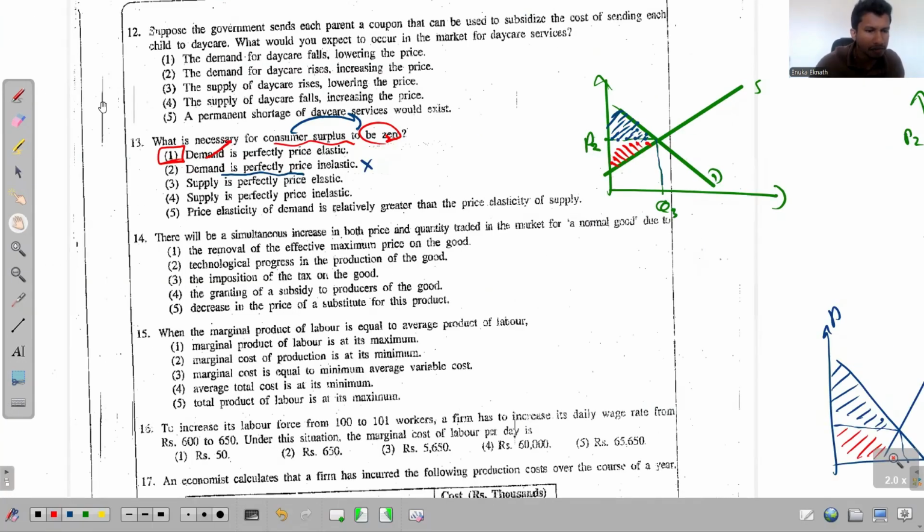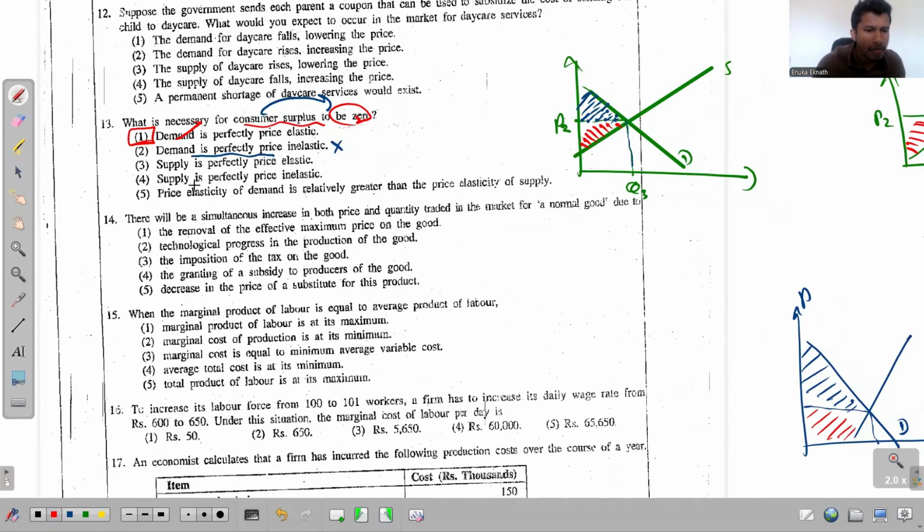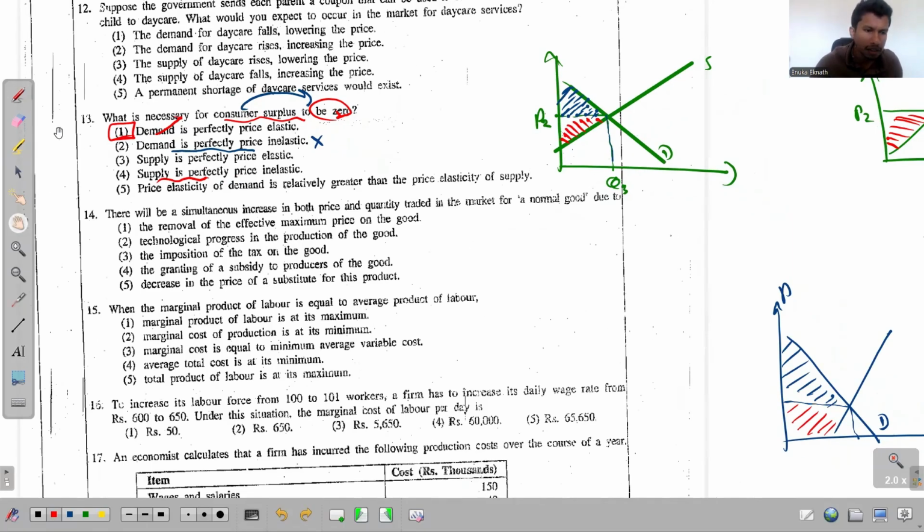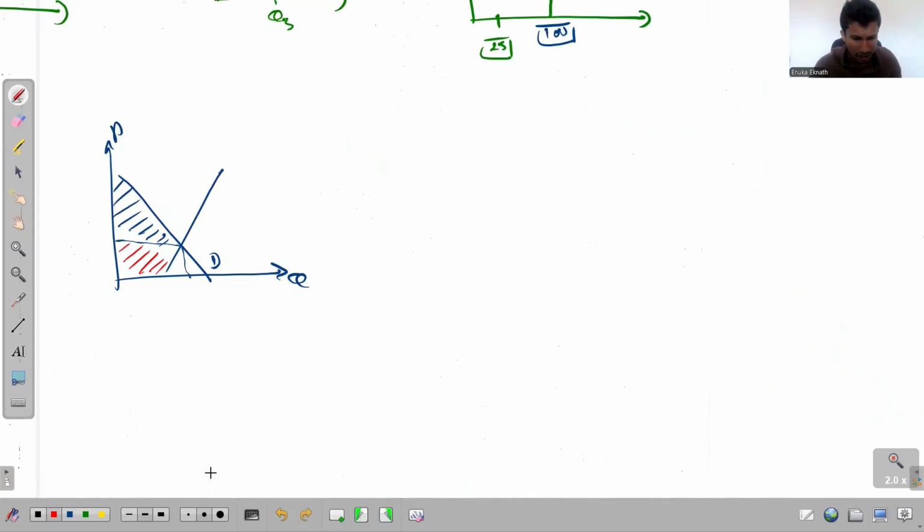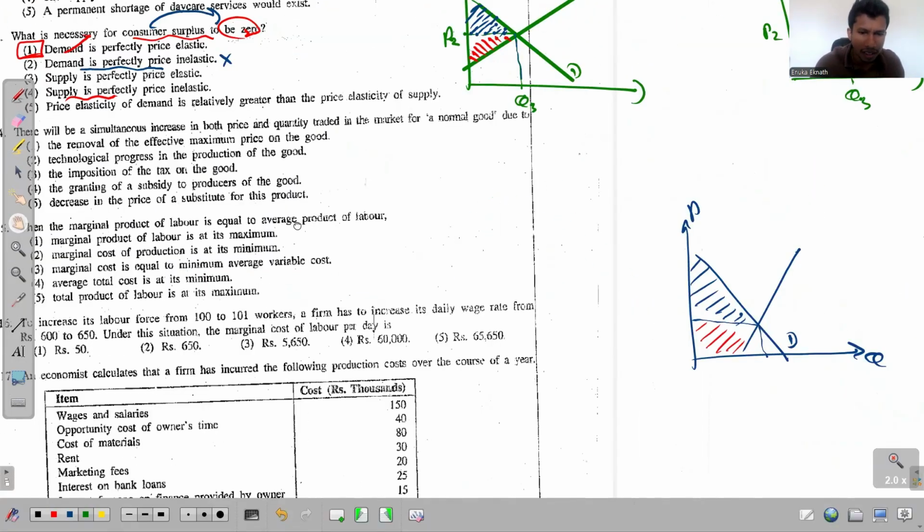The next one, supply is perfectly price inelastic. If supply is perfectly price inelastic, let's see what can happen. The quantity axis, the price axis, we have a typical demand curve, and this time the supply is perfectly price inelastic.